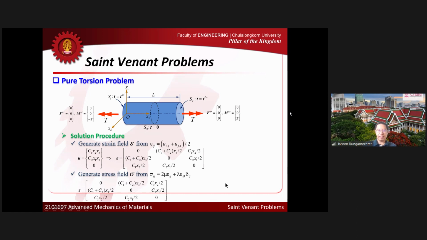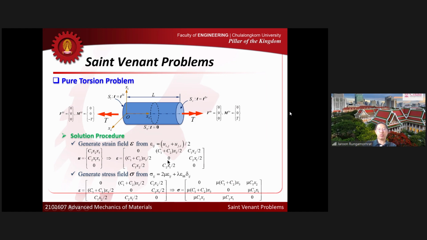So I plug this in, I get this final stress tensor. Strain and stress that I got here are given in terms of the constants C1 and C2, some of the material properties, and the coordinates x1 and x2.